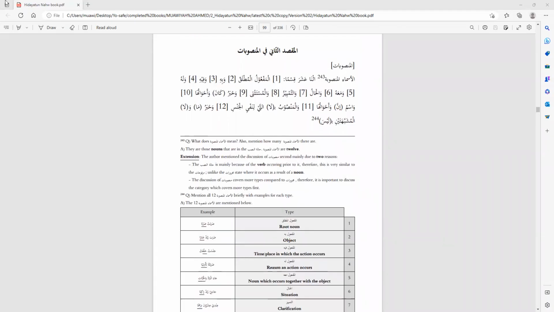بسم الله الرحمن الرحيم. الأسماء المنصوبة 12 قسما.